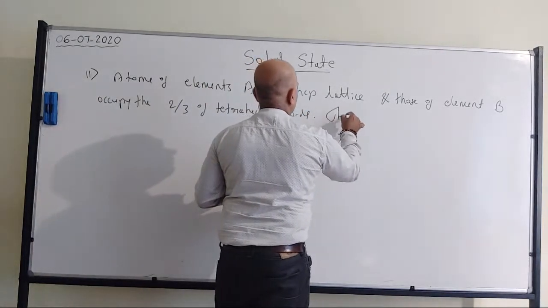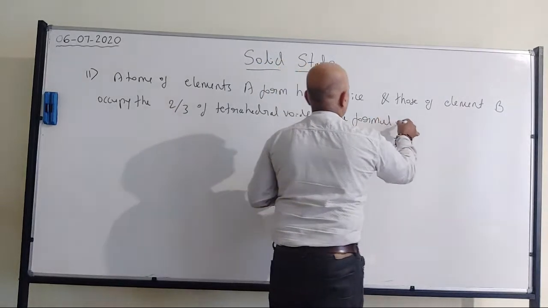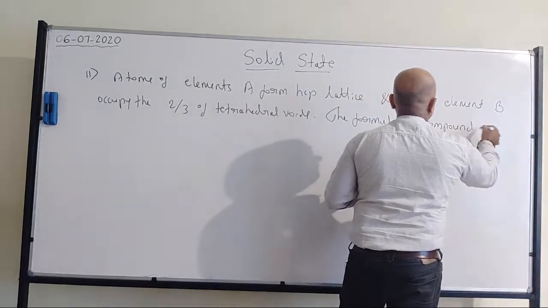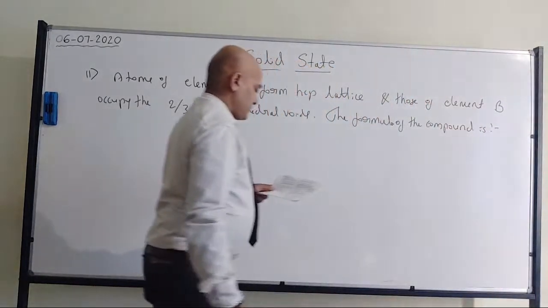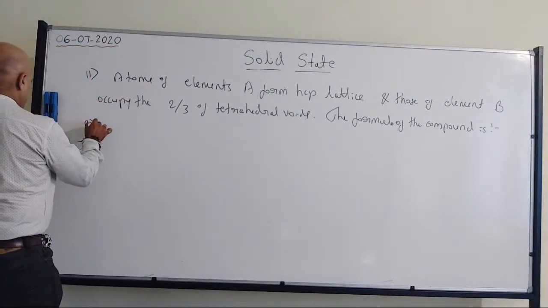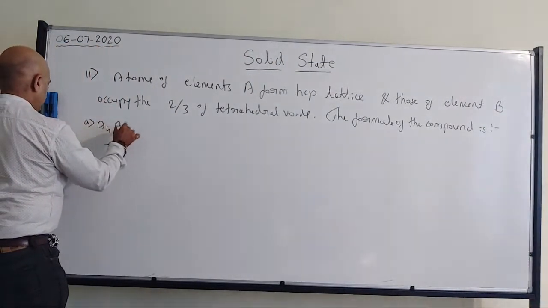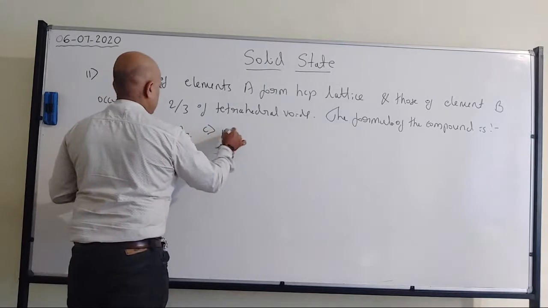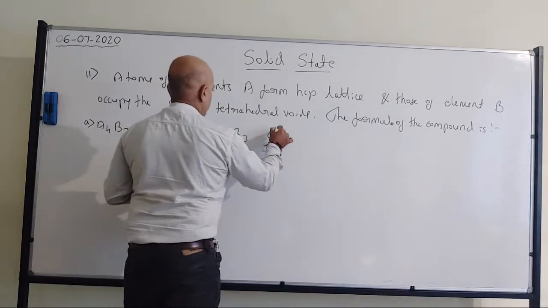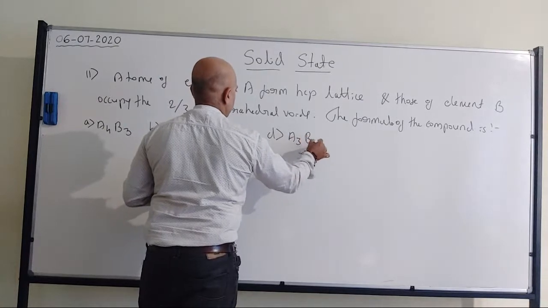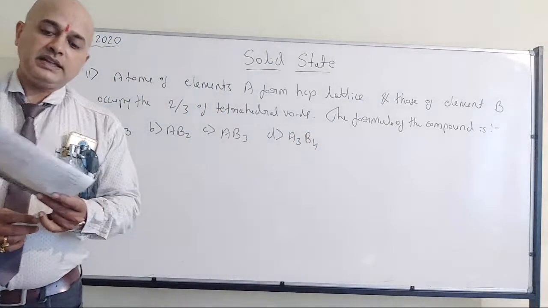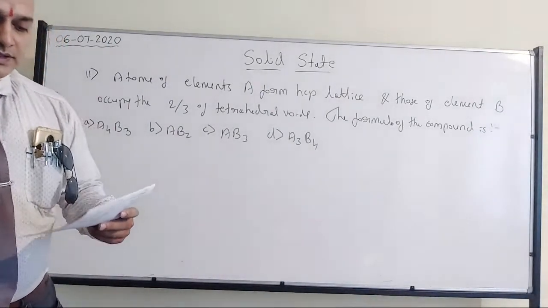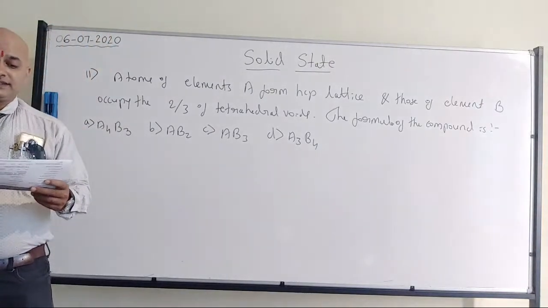The formula of the compound is: option A, A4B3; option B, AB2; option C, AB3; and option D, A3B4. They have told it will form an SCP lattice.